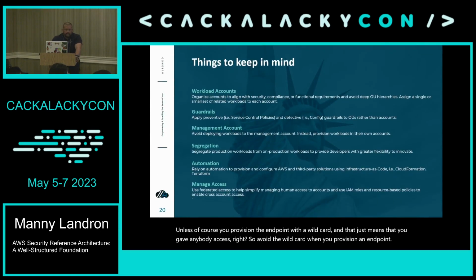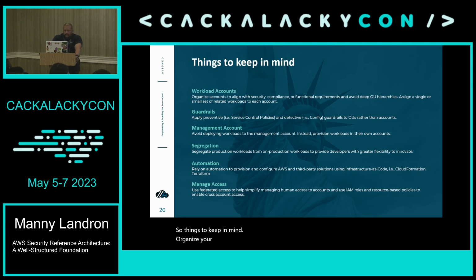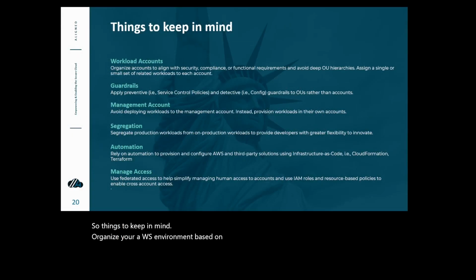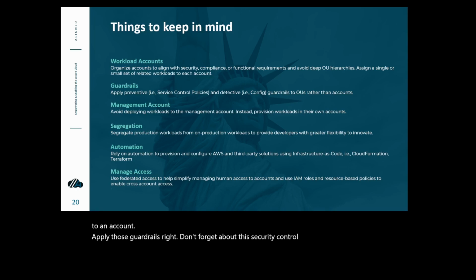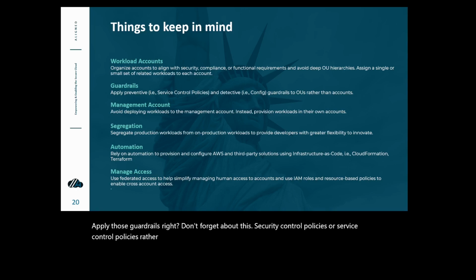So things to keep in mind, organize your AWS environment based on security, compliance, functional needs, avoid deeply nested OUs, assign a single account, or a single or small set of related workloads rather, to an account. Apply those guardrails, right? Don't forget about service control policies. And also Config policies.